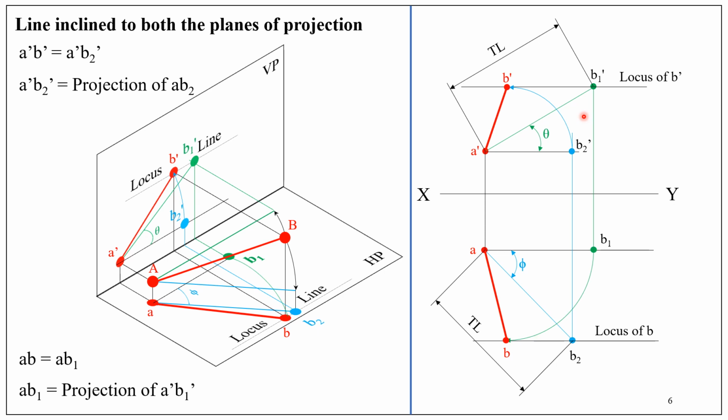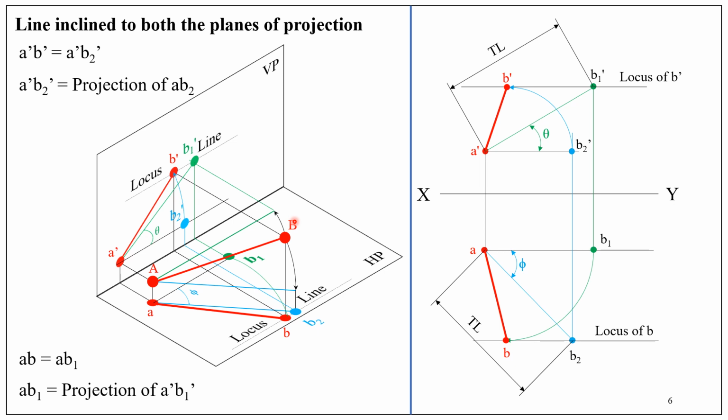As a cross check, we know B dash and B are the front view and the top view of the point capital B. In orthographic projections, B dash and B lie on the same straight line. That means they lie on a same projector.